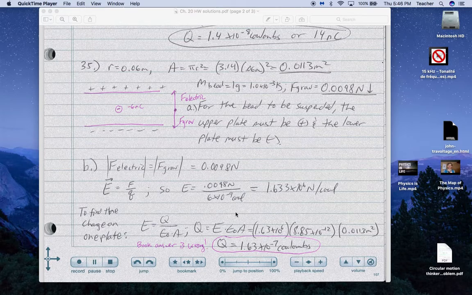Set those equal, and I get the electric field strength in between these. Once I know the electric field strength and the area of the plates, then I can find the charge on either plate. I think the book answer was 1.63 times 10 to the 7th coulombs. It should be 10 to the negative 7th coulombs.